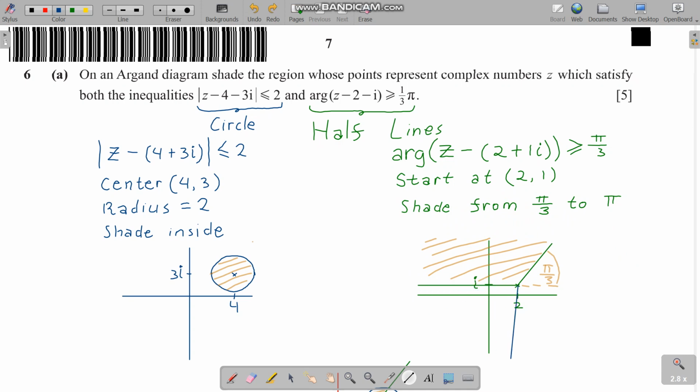So we don't go in this direction all the way to 360 degrees, but only until pi, because we use 0 to pi only. And for this kind of angle, this is actually from 0 to minus pi. Okay, so only from pi over 3 to the greatest value, which is pi, not all the way to 2 pi or something. Okay, so the principal argument is from minus pi to positive pi.